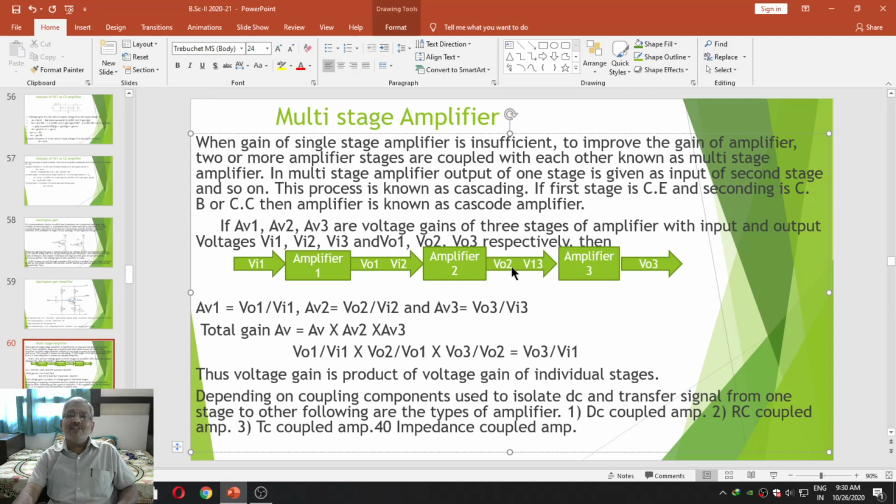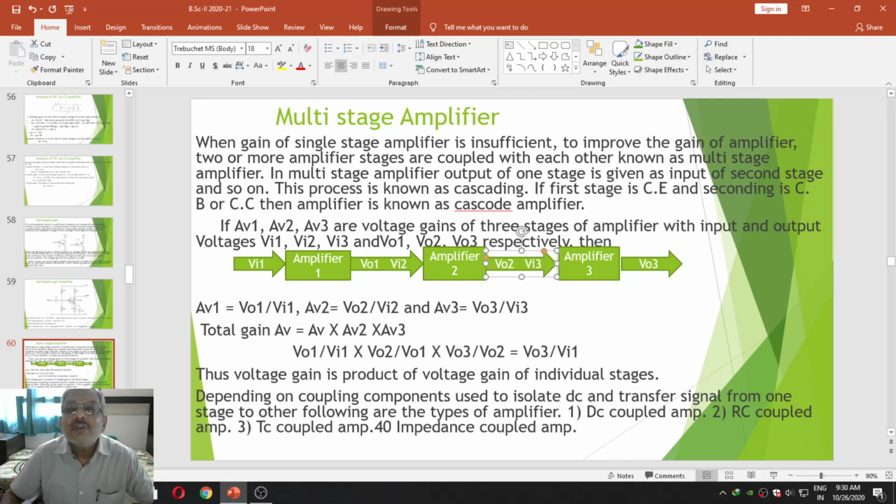So that's why we can say VO2 is equal to Vi3. Vi3 is now input for amplifier 3. It will develop the amplified voltage as VO3. Net voltage gain is VO3 upon Vi1 of entire multi-stage amplifier.